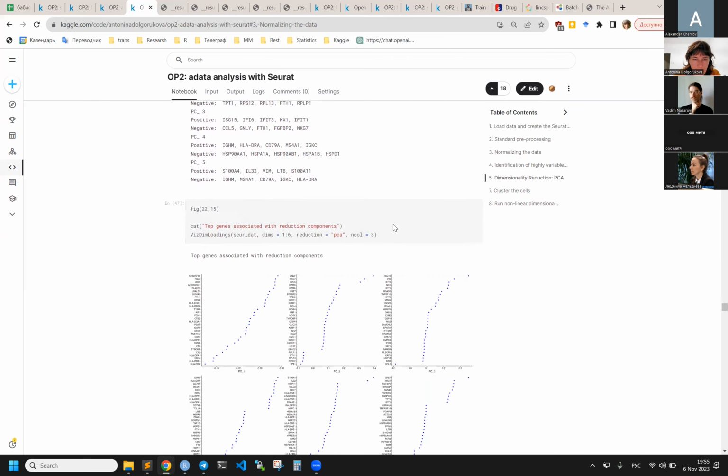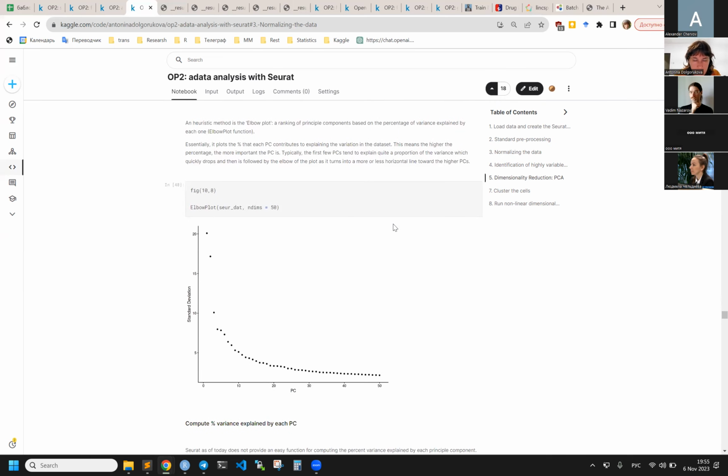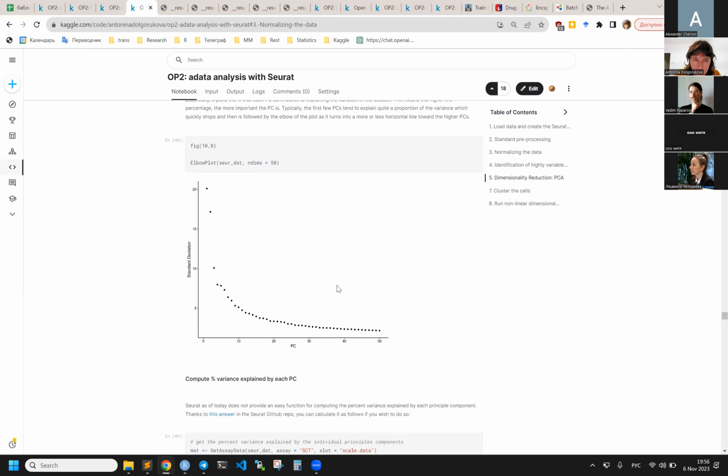Here, I will skip these plots because I have very little to say about them. We just see what the real dimensionality of our data set is, because after PCA we have to choose a number of principal components to go with, and how to choose it.